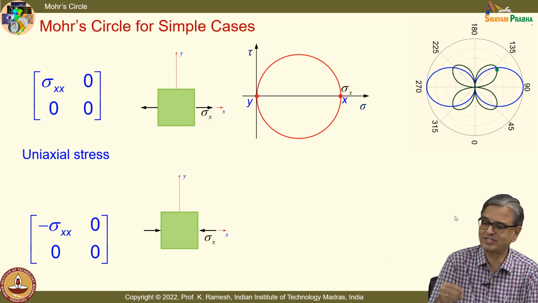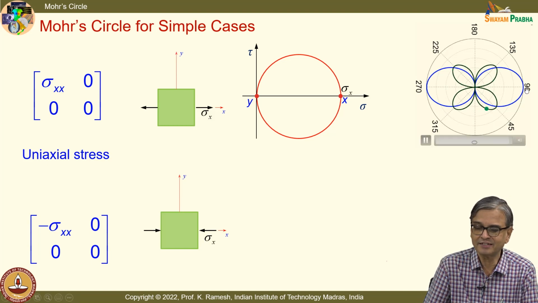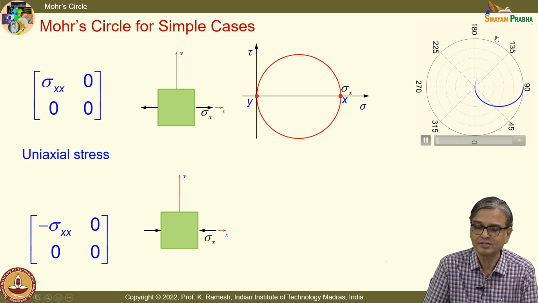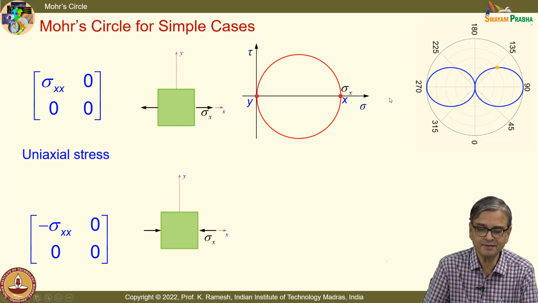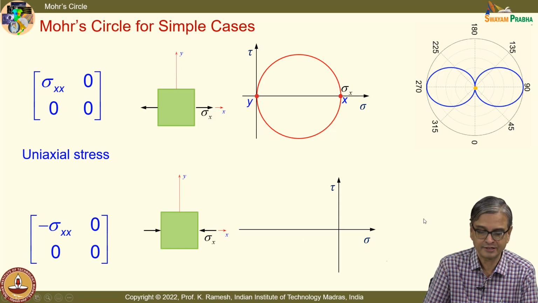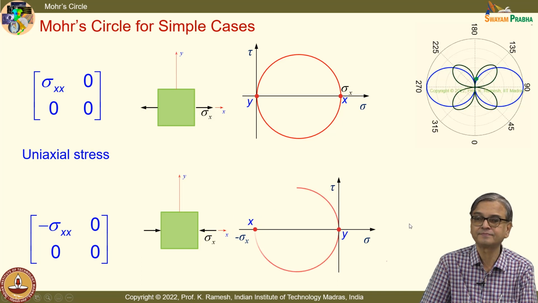I have not changed the angle, so it will start from 0, 90 like this. You can visualize that, but the graph shape is very important. So, here again I can easily draw the Mohr circle. I have the point, the plane x, okay, and then plane y, and simply draw the circle.